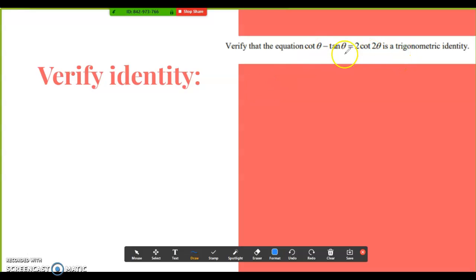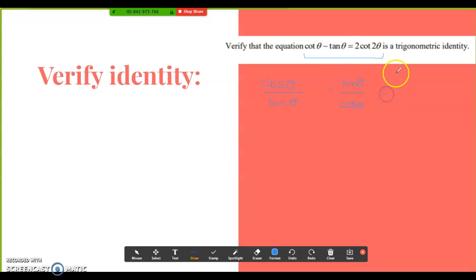Now the only thing that I can see with this equation is that it's written in cotangents and tangents. And so what I want to do first is just rewrite it in terms of sines and cosines. On the left, we would have the cosine of theta over the sine of theta, rewriting cotangent, minus the sine of theta over the cosine of theta, rewriting tangent.